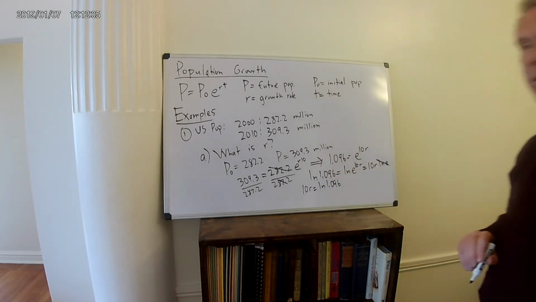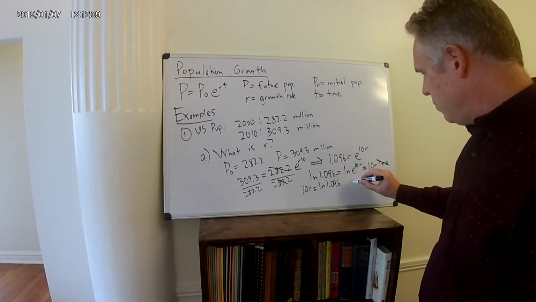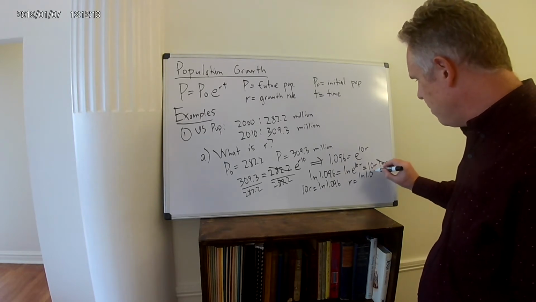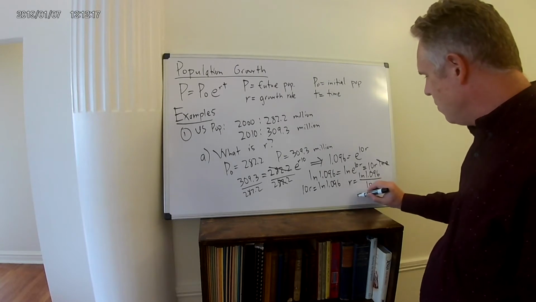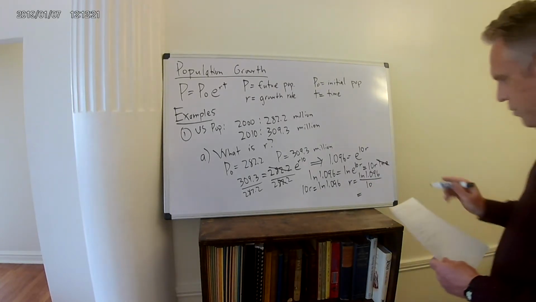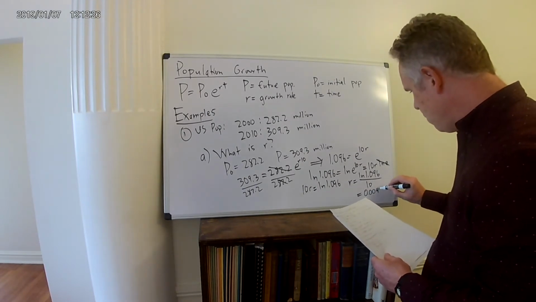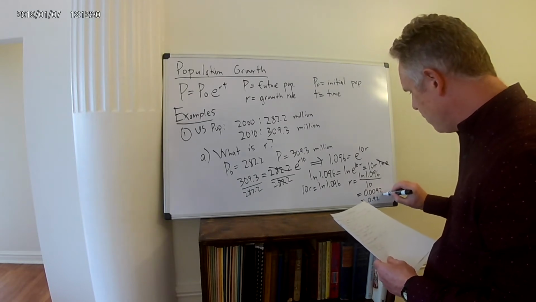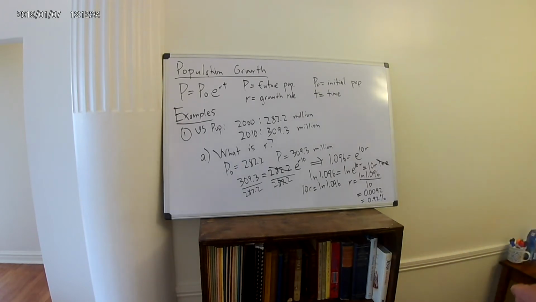We want to solve for r, so our final step is to divide both sides by 10. We get r equals the natural log of 1.096 divided by 10. If you plug that in your calculator, that equals 0.0092, or 0.92%. This is our answer.